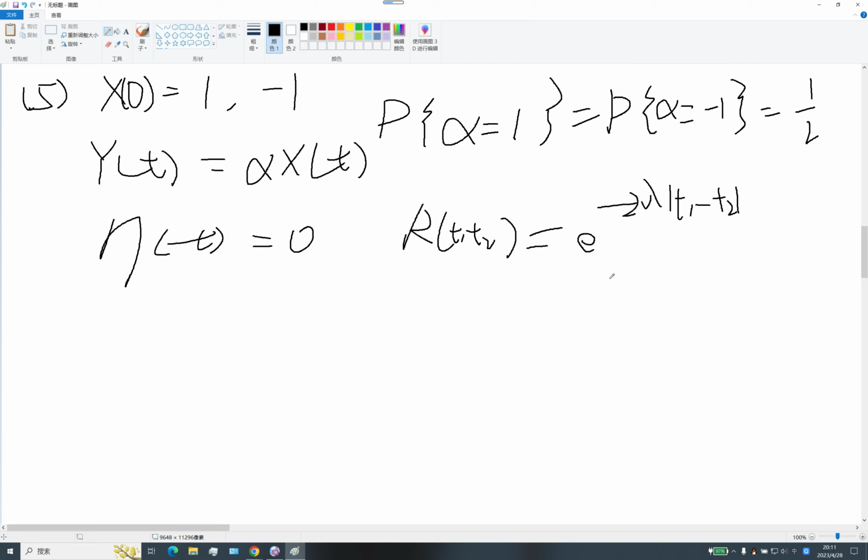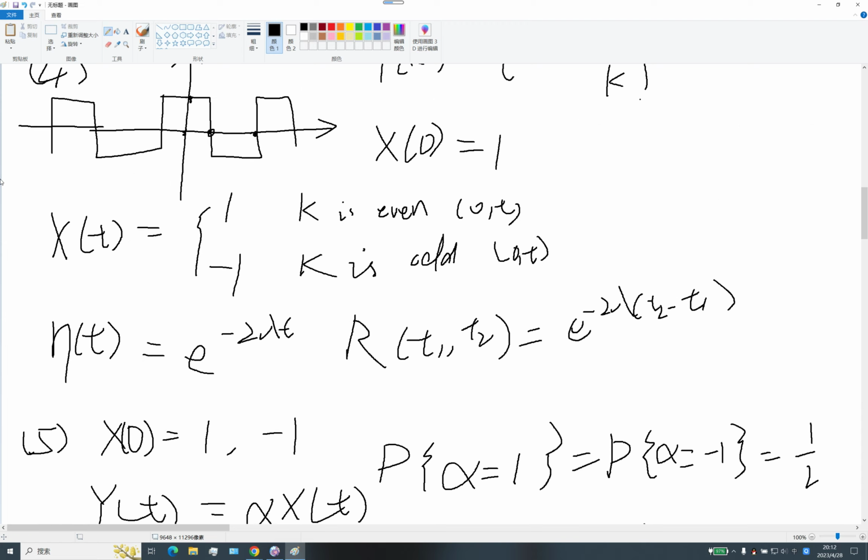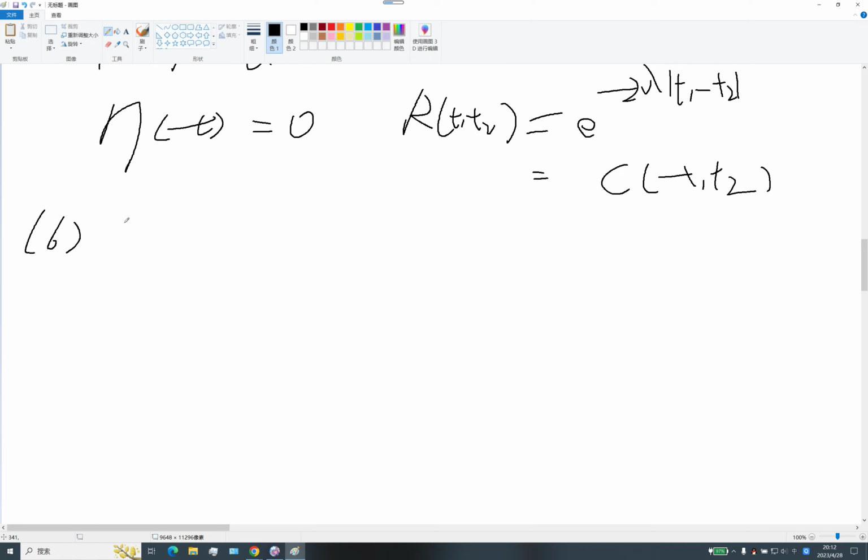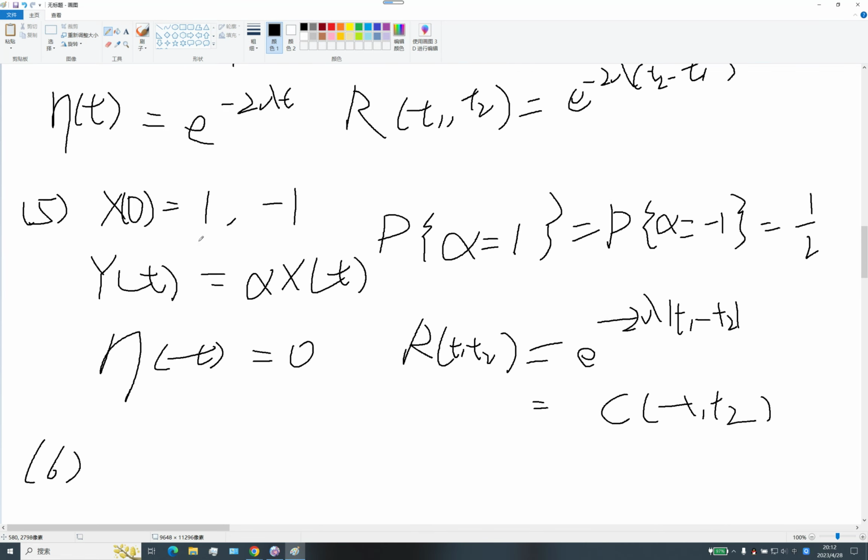And it is also equal to the autocovariance C(T1, T2), so they are the same. This is similar to the semi-random telegraph signal. And six is the random walk.